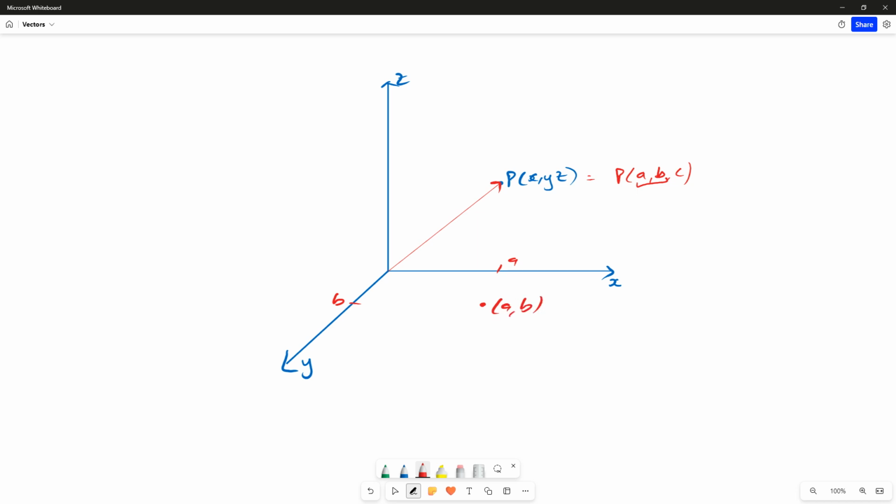Now I'm taking this point and I start lifting it, a total of c. I take this point and lift it up, a total of c units to that point there. So it was there and now it moves there, a total of c up the z plane.